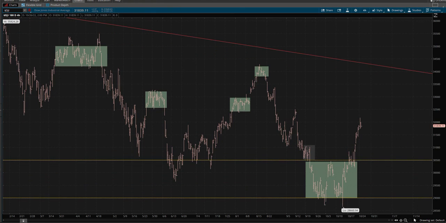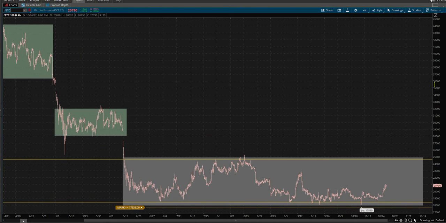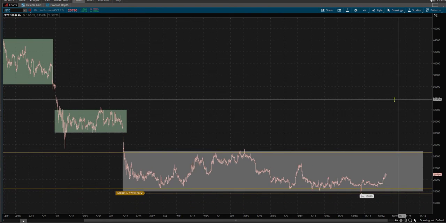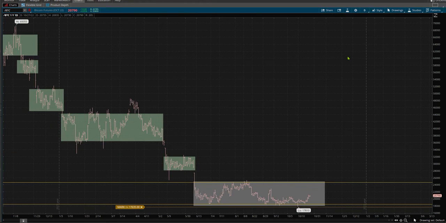So we'll take a different chart. We'll go into Bitcoin. So here's a good chart. I like this chart, actually. This is a 4-hour. So you can see how it's been balancing for a while here.